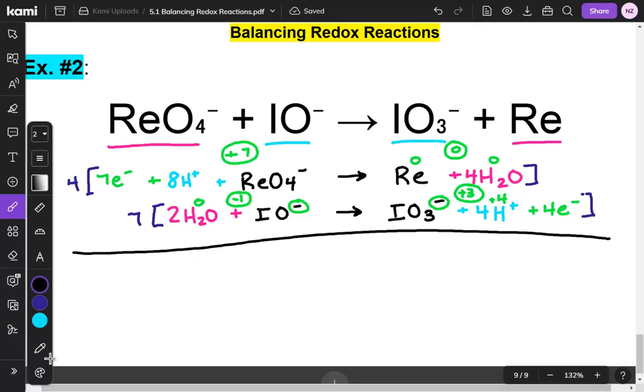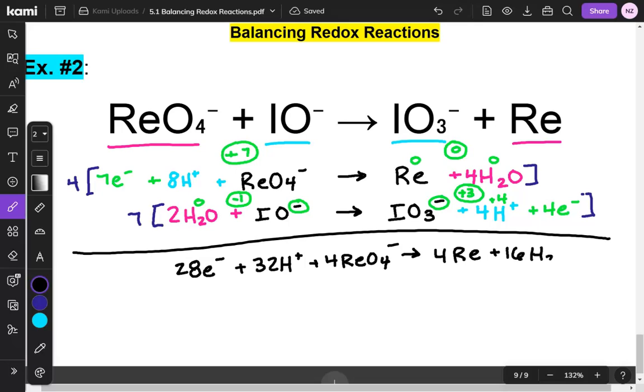So 4 times 7 will give me 28 electrons. 4 times 8 is going to be 32 hydrogens. 4 times 1 will be 4 ReO4 minus. And then on the right side, 4 of our rheniums. 4 times 4 is 16 waters.